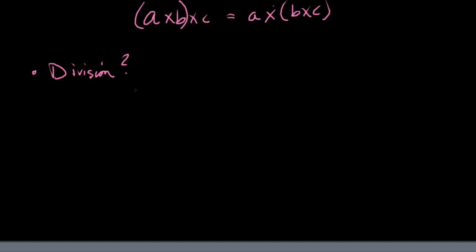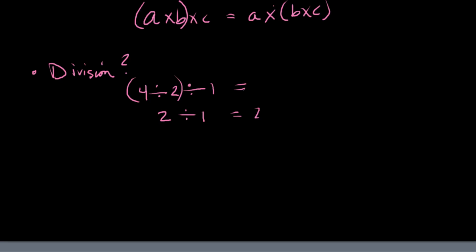And of course, if we write division like the elementary way, it really makes the point, right? So if you have 4 divided by 2, and then you divide that by 1, well, 4 divided by 2 is 2, and 2 divided by 1 is 2.